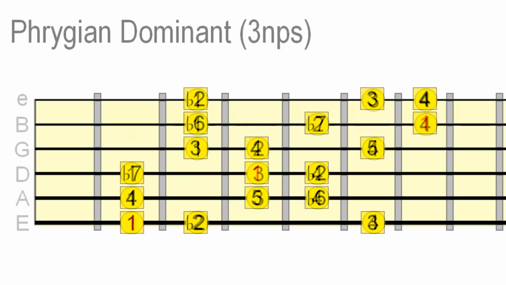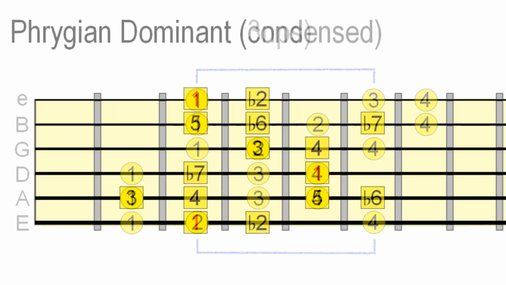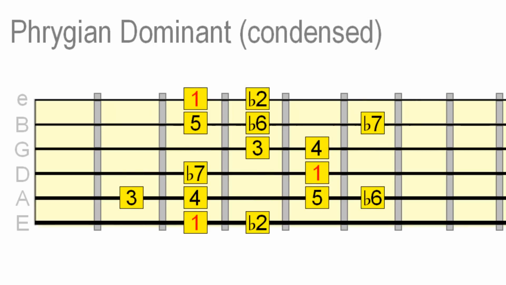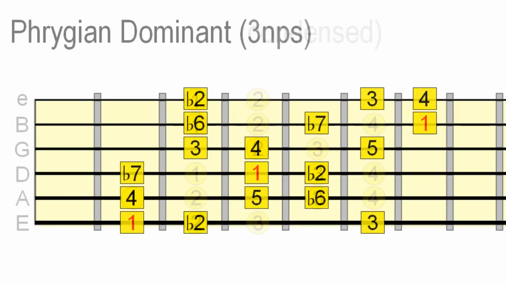Looking at the fingering, it's quite a stretch from the minor second to major third on the 1st and 6th strings. So at lower frets, you might prefer to use this more condensed pattern. We'll look at more patterns and expanding the scale across the entire neck as we progress. Just use these initial patterns to get a feel for the scale.